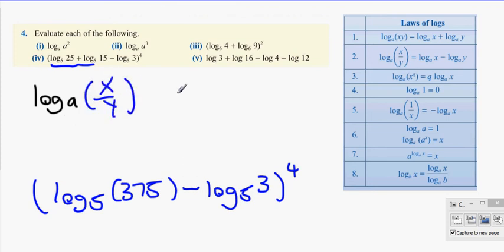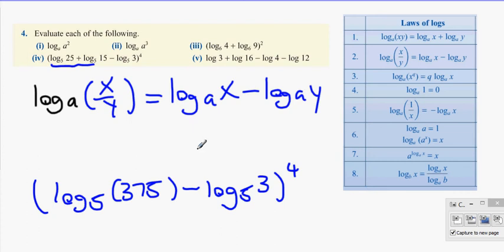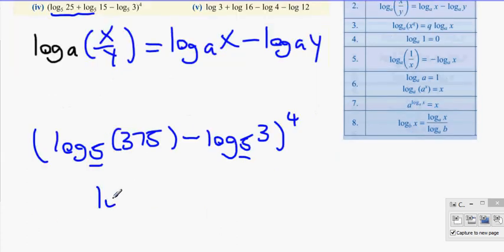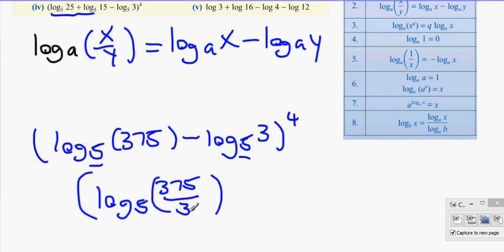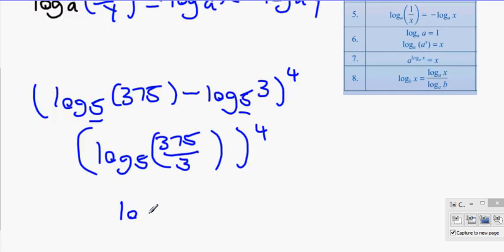When you have 2 bases that are the same, and you're taking away two logs, a is 5, so log 5, and the x goes on top. X is 375, and 3 is the bottom, and that's still to the power of 4.